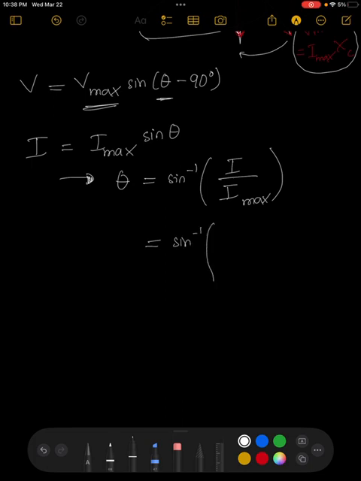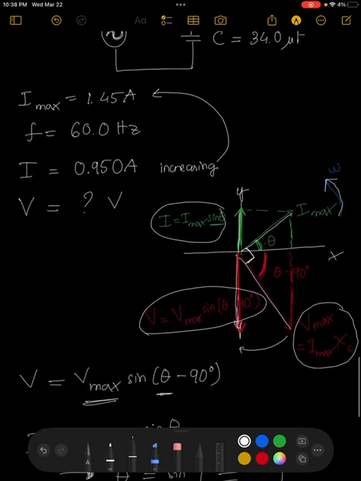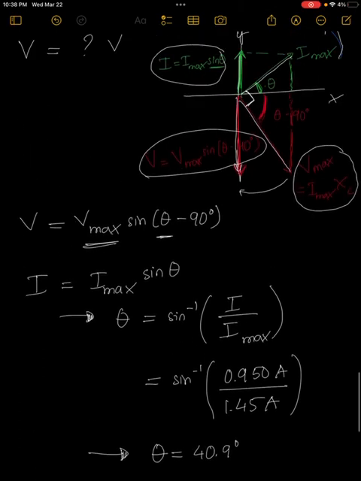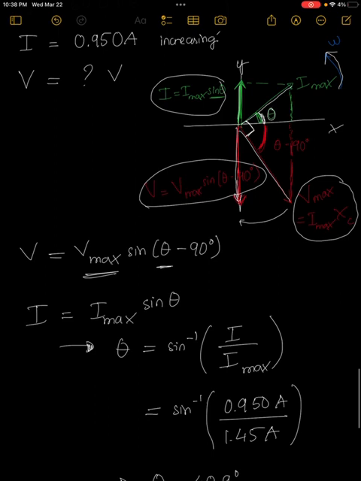Your I is 0.950 amps divided by Imax 1.45 amperes. Therefore, your angle would be 40.9 degrees. This theta right here, 49 degrees. Okay, so now we found the angle. We found this guy. Perfect.